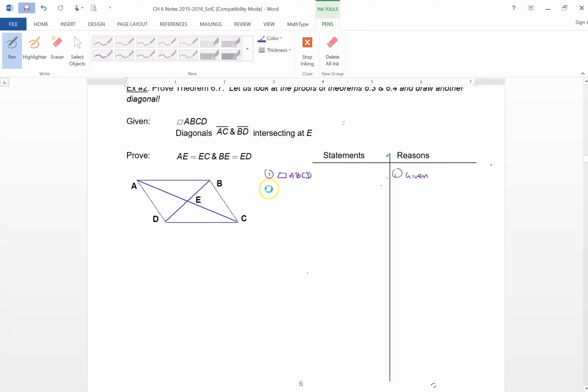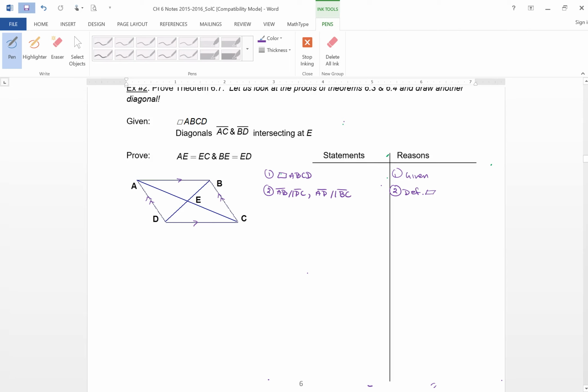Okay, so if we know that we have a parallelogram, then we know that these opposite sides are parallel. So AB is parallel to DC and AD to BC. Definition of a parallelogram.